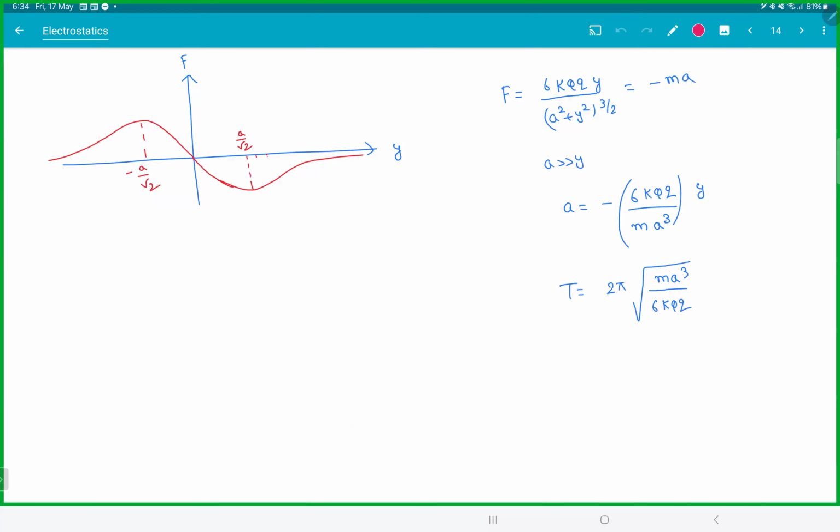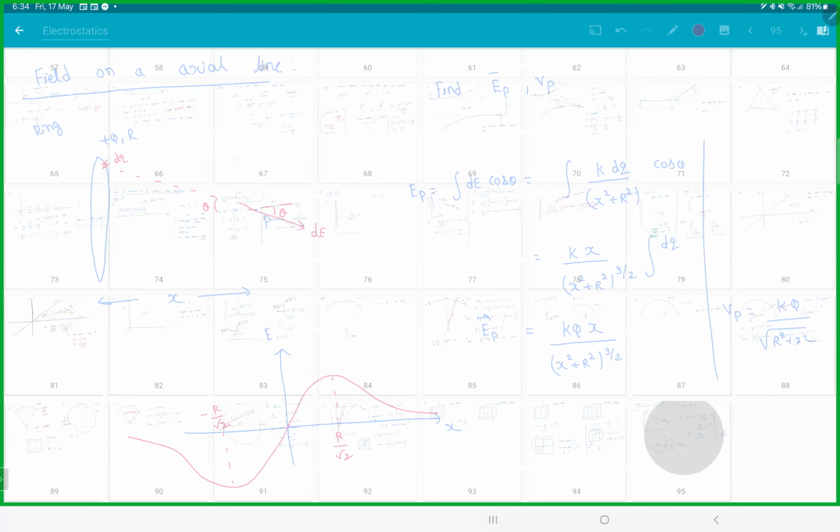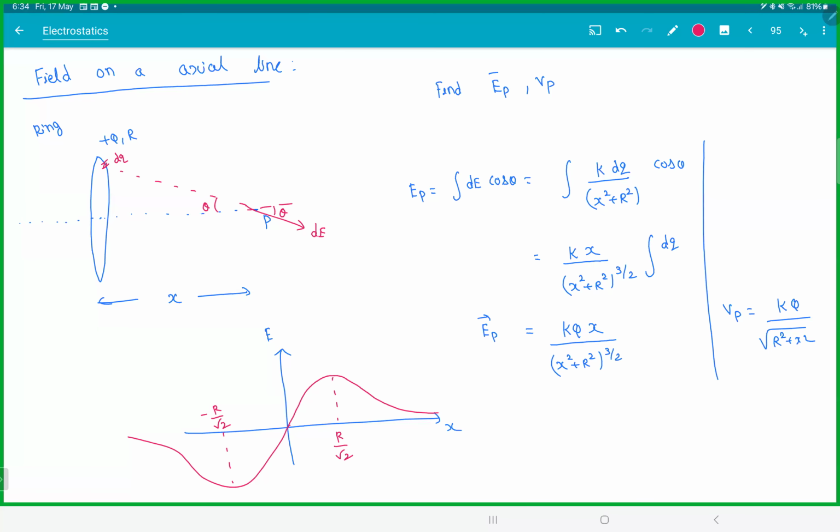Here the graph is right and left. We took right positive, left negative. So the peak value occurs at r by root 2. This was the main question: for an axial line, find the maximum field at which point? R by root 2. Have a look at this. You can copy down these results: the graph, the two results, and r by root 2. Those are the important ones in this.